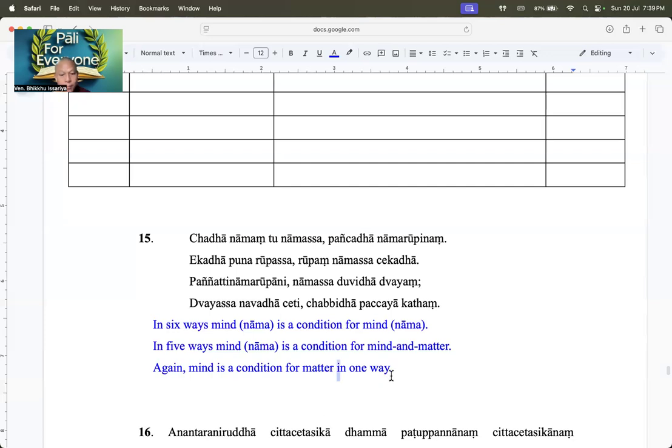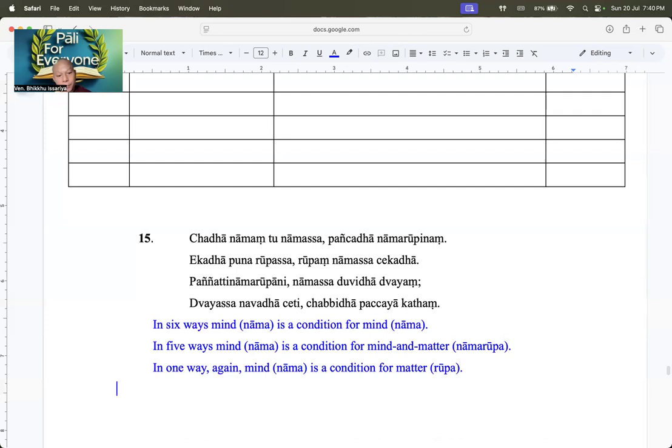Maybe to understand simply: in one way again, mind is a condition for matter in this way. Because at the very beginning it was mind to mind, and then mind to mind and matter mixed, but here pure mind to pure matter. Here nama, but here just rupa. Okay.